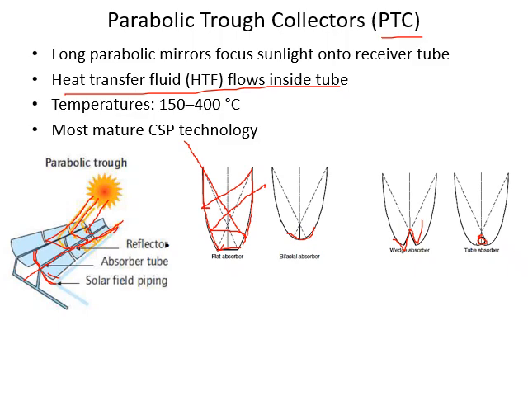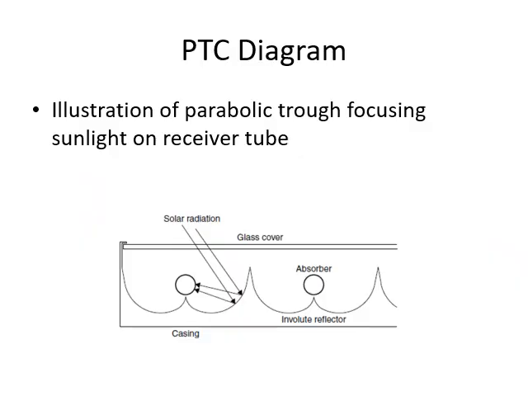The temperature can reach up to 400 degrees Celsius, which is a very high temperature, good enough to run a vapor power cycle. This illustration shows how the solar irradiation comes in and gets reflected by the parabolic surface. If you design your absorber accordingly, it will receive all the sunlight falling. From this direction, they are also concentrating on this. So it is a good source of heat, right? The surface is reflecting all the sunlight.